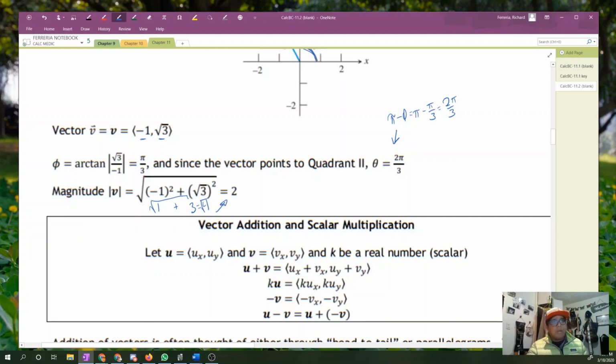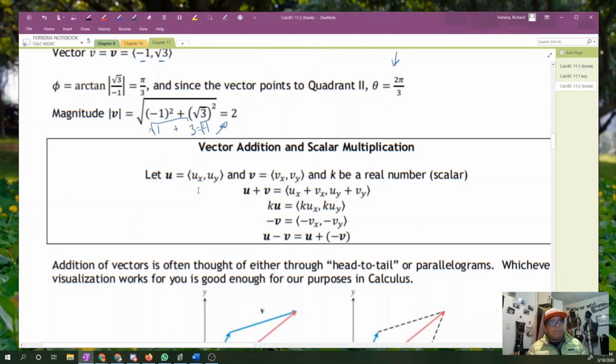Okay. We have additional rules about vector addition and scalar multiplication. Let u and v be two vectors. Notice how we have u x component, u y component, v x component, v y component. That's probably a bit confusing because we usually use v for velocity.